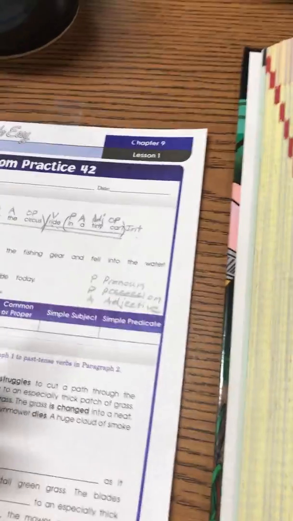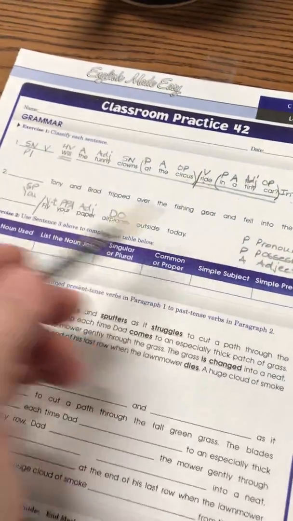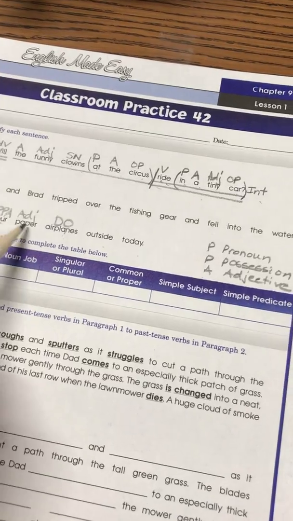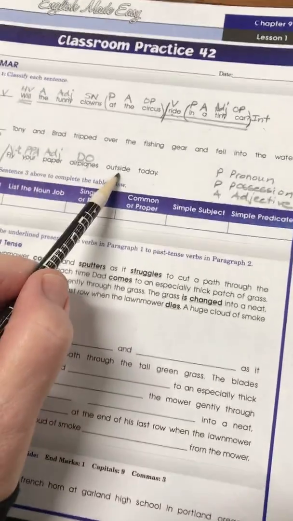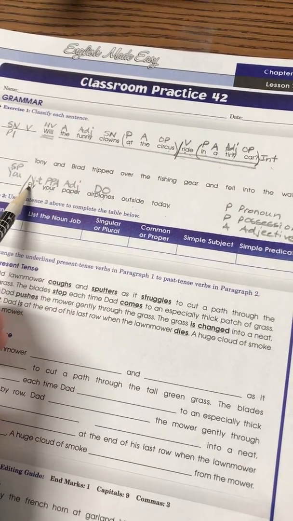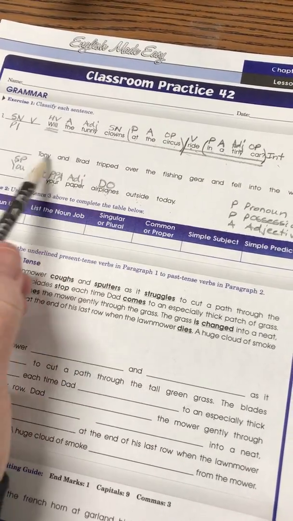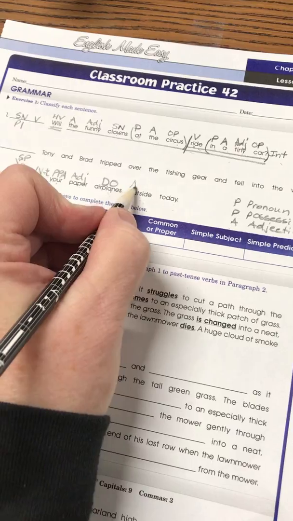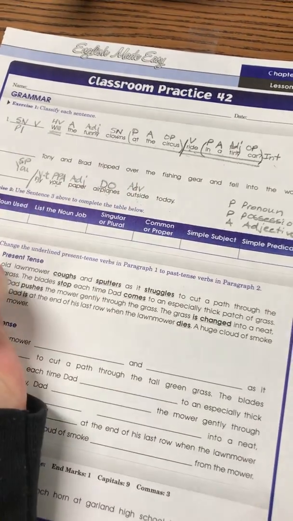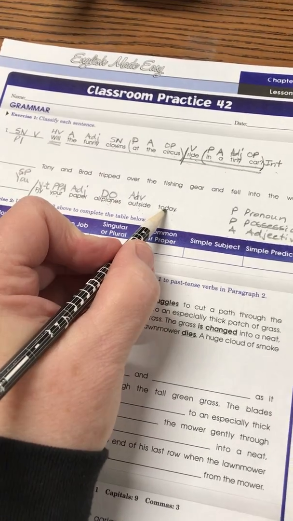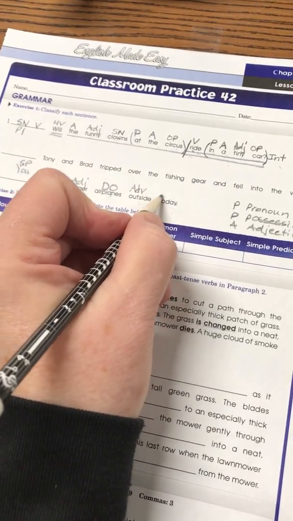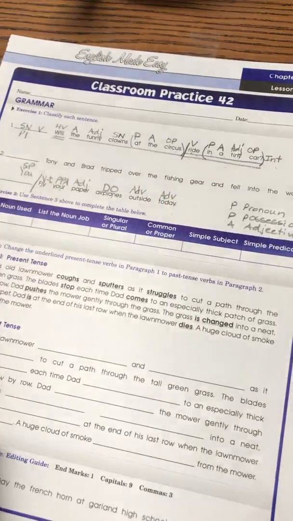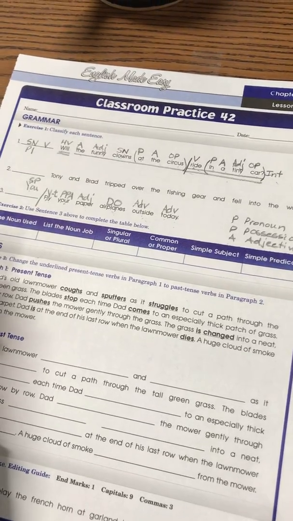Just a quick little review here on PPA. Back to your sentence. Fly your paper airplanes outside today. Outside tells where we are to fly. So it is adding to the meaning of the verb, which makes it an adverb. Today also adds to the meaning of the verb because it's telling when we're going to do it. So now we do adverb.